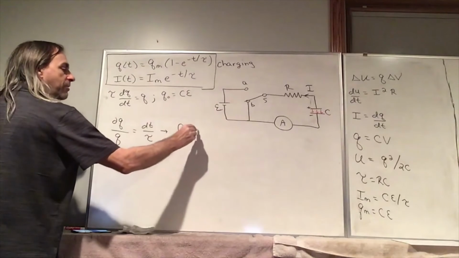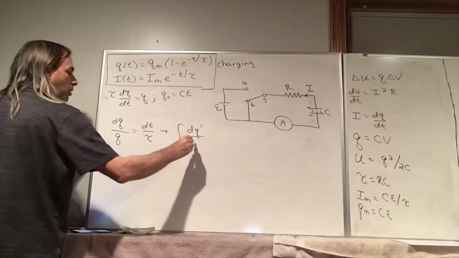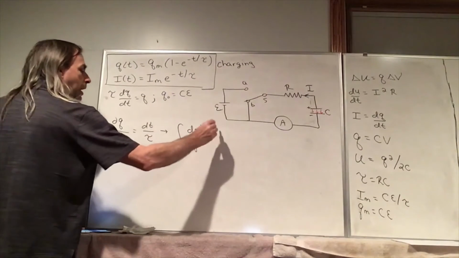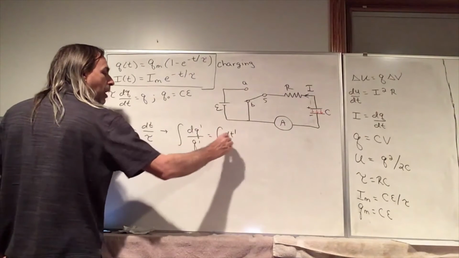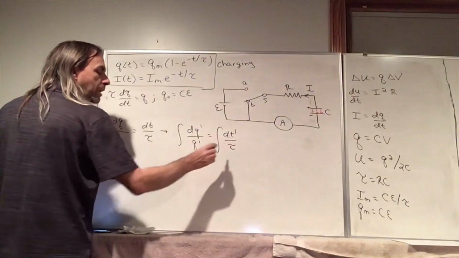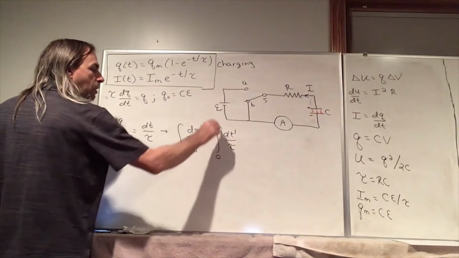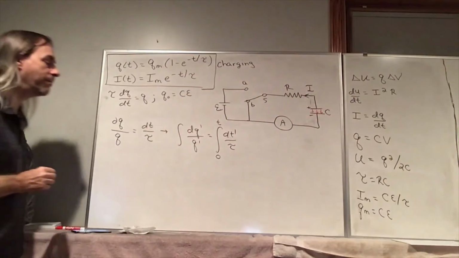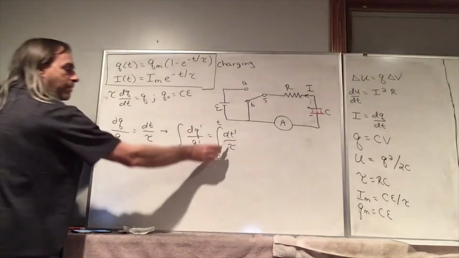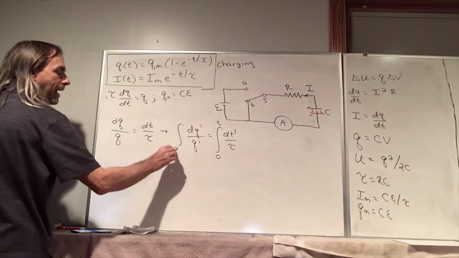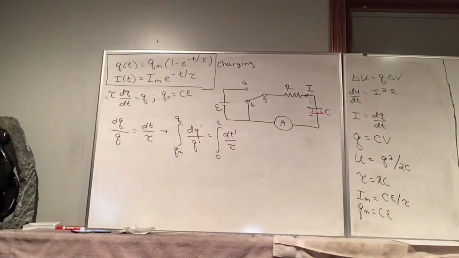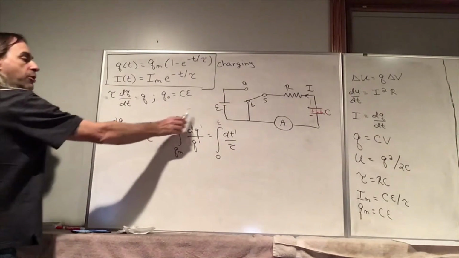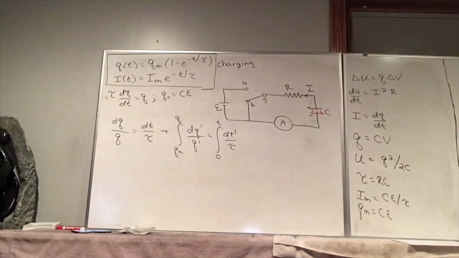I'm going to change this to dq prime over q prime equals the integral of dt prime over tau. Again, let's integrate from 0 to some later time t. At t equals 0, we're at q max, and at some later time we just have a charge q. So q is the charge on the capacitor at time t. This is a simple integral.